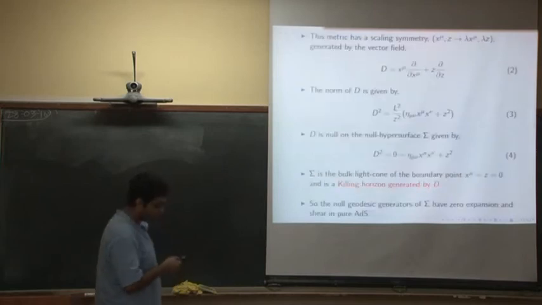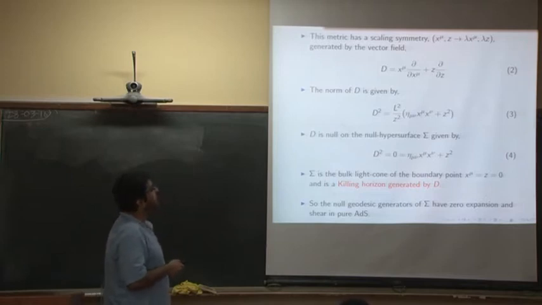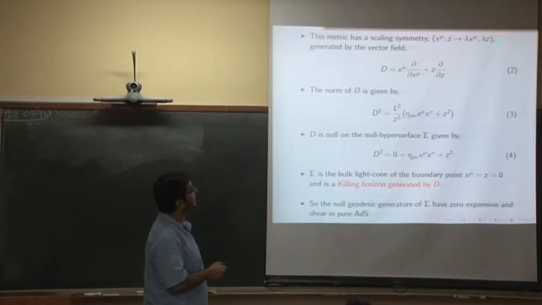So one of the things which motivated the connection between this extra bulk dimension z and the AdS-CFT is that in the bulk there is a scaling symmetry which acts like this: if there is a point in the bulk with coordinates x^μ and z, then you can rescale the coordinates to λx^μ and λz.